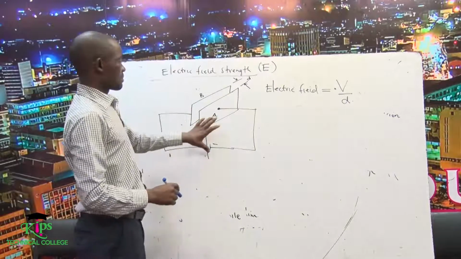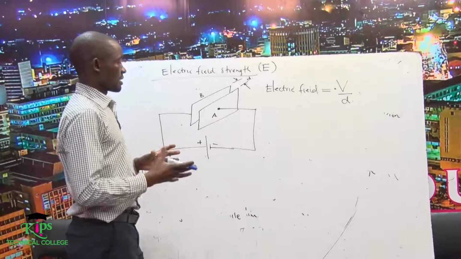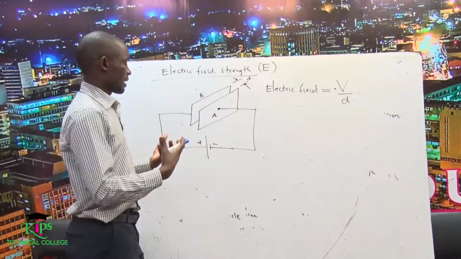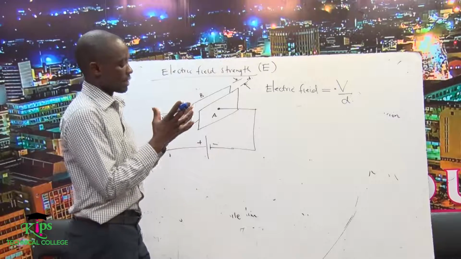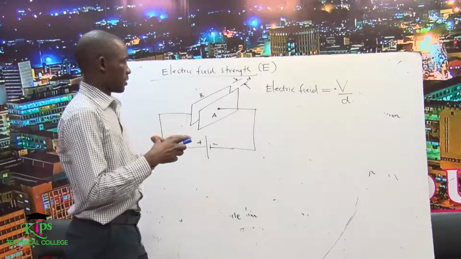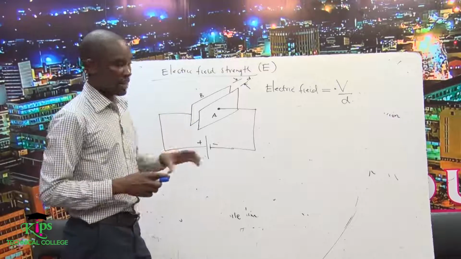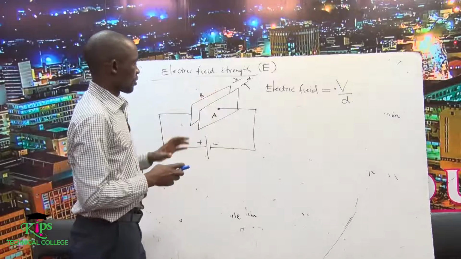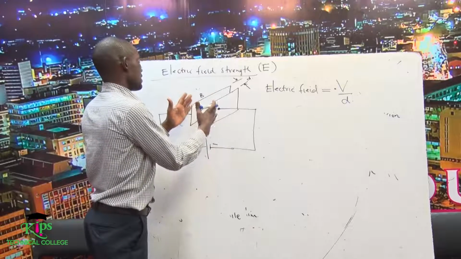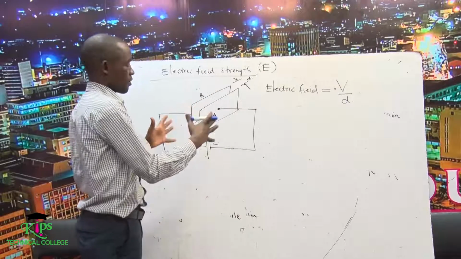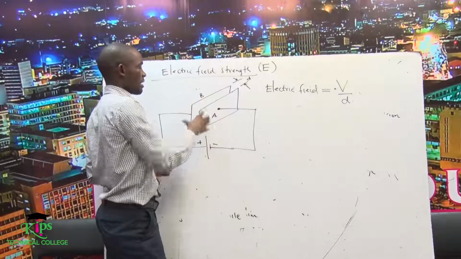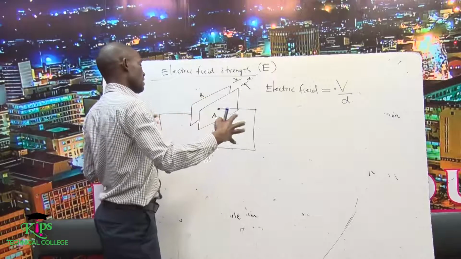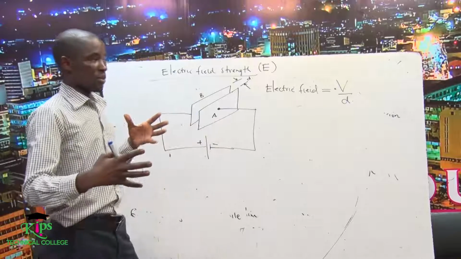Basically, remember, this experiment is set up to illustrate a capacitor. A capacitor is a device with two plates and some space in between them, and the function of the capacitor is to store charge. So if the distance is smaller, it will have a higher capacity to store charge. But if the distance is big, it will not have that ability to store more charge.